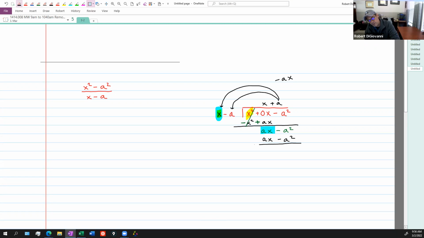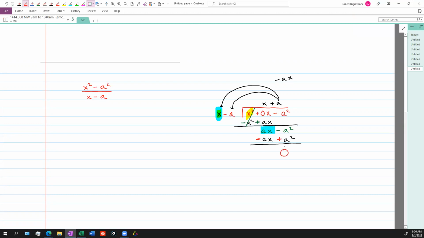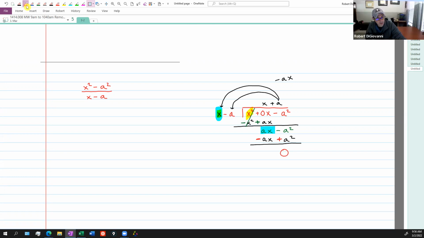Come through, subtract, which means you change that to minus and change that to plus. And do y'all see what happens? You get what? Nothing, right? Zero. So the answer to the question is x plus a, right? It's just this because there's no remainder.